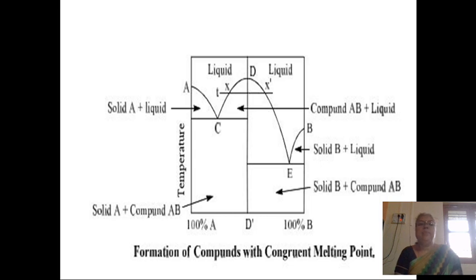This process used the phase diagram of the lead-silver system, and from the ore we will get 2.4% of silver. That is the application of the phase diagram of the lead-silver system in the Pattinson's process.